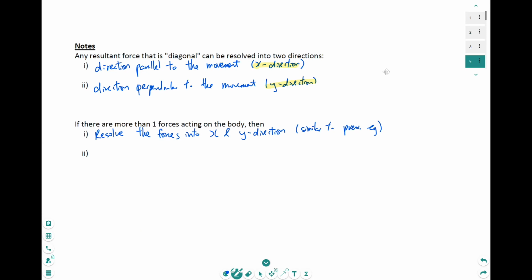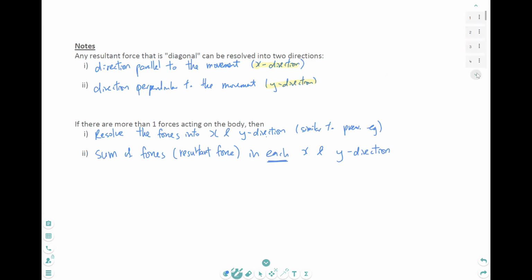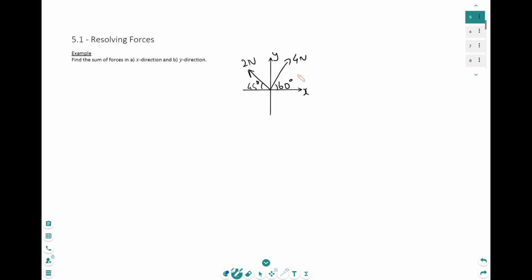Second step, we're going to find the sum of forces, also known as the resultant force, in each x and y direction. I'll explain a bit more in the next example. So let's have a look how we can do that in an example.